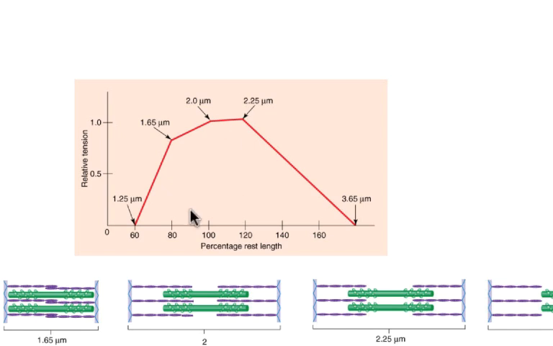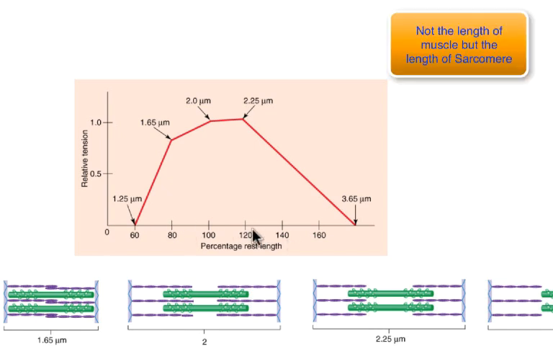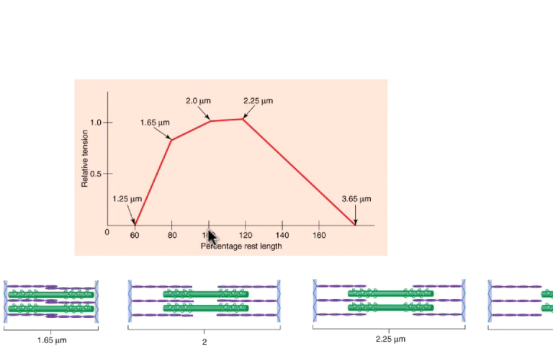As you can see in this diagram, this is the percentage of the length of the muscle when the muscle is at rest, and this is the amount of tension. When you have 100% of the length, in other words, when the sarcomere is in normal length, which we said is about 2 micrometer, the amount of tension is maximum.